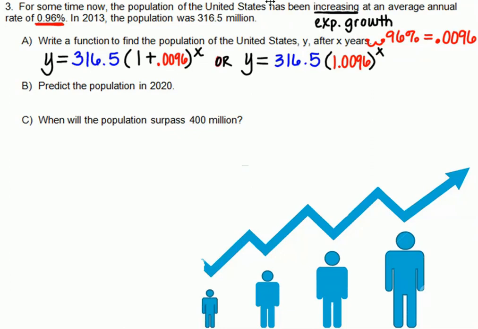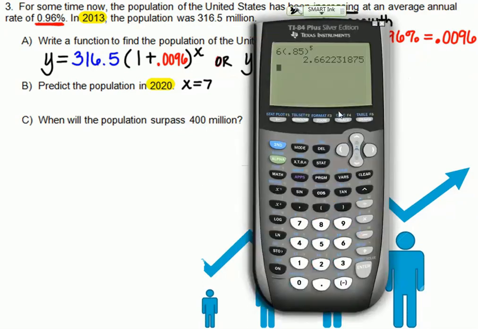So we're asked to predict the population in 2020. Please understand that we started in 2013, and now we want to know 2020. Well, that is 7 years later. So we want to know what is the value when x is 7. Again, 2 ways of doing that.